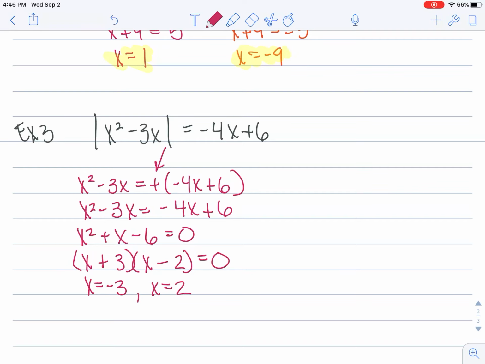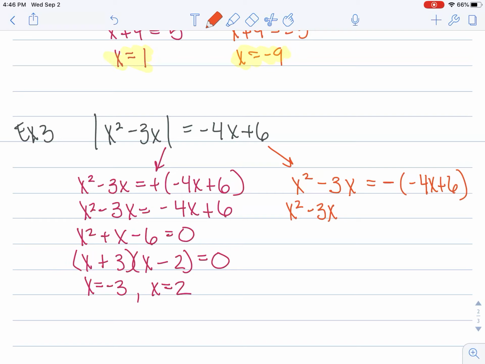Okay, then I'm going to do the negative side. So keep the left side the same, the stuff that's inside the absolute value. The negative of the right side, so negative of negative 4x plus 6. Let's clean up and distribute the right side.